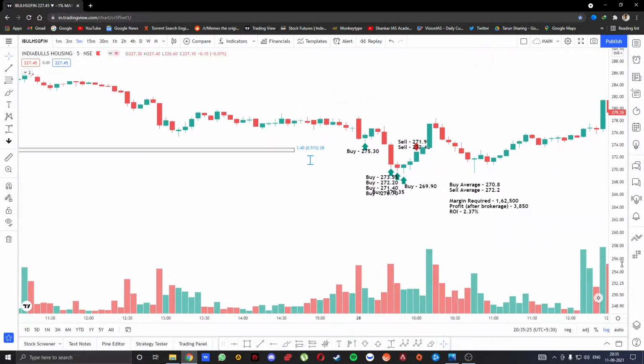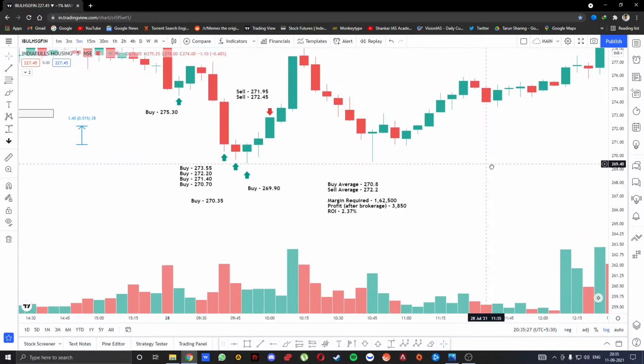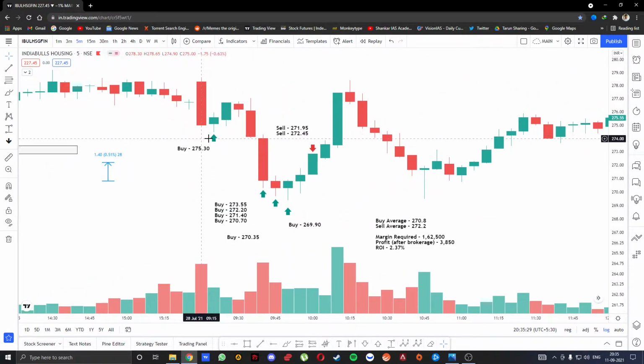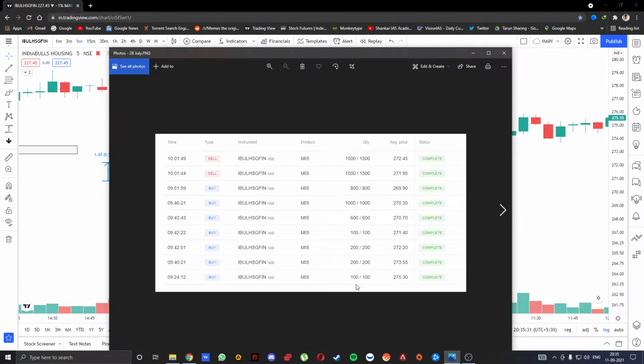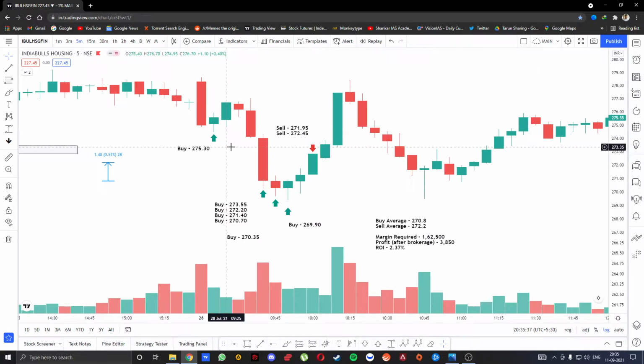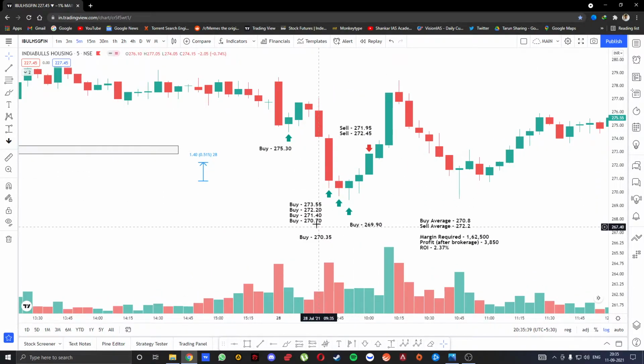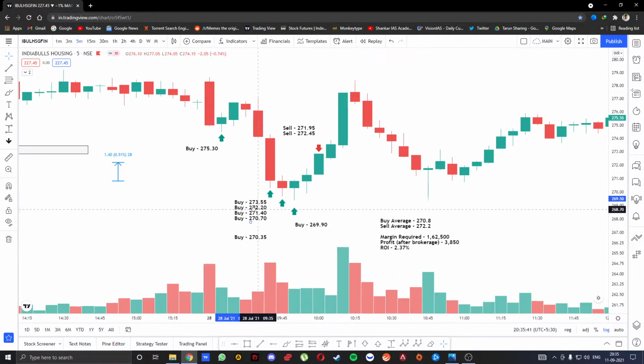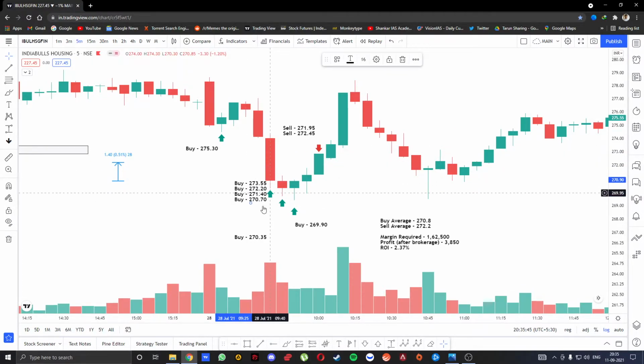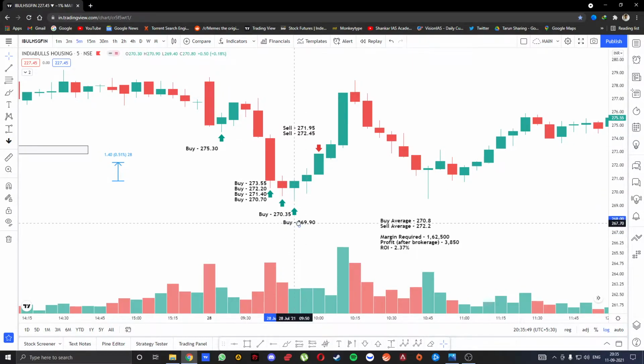As you can see, my first initial entry was right here, just 100 shares, and then I started adding more and more shares at the lower levels, and these are all the buying levels. So multiple buyings were done in this candle, then some more buying in this candle, and then further buying here.